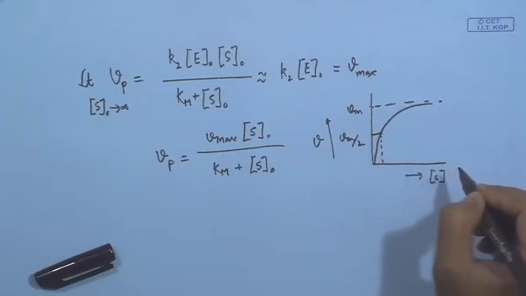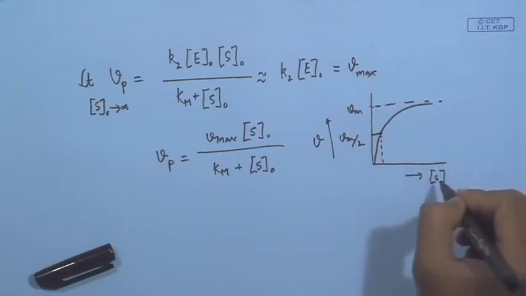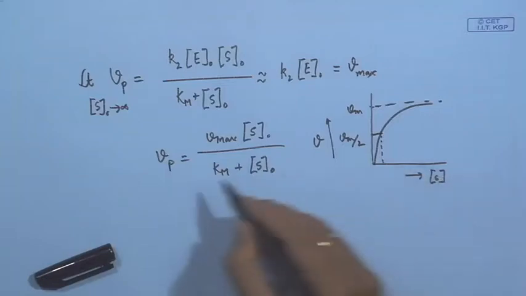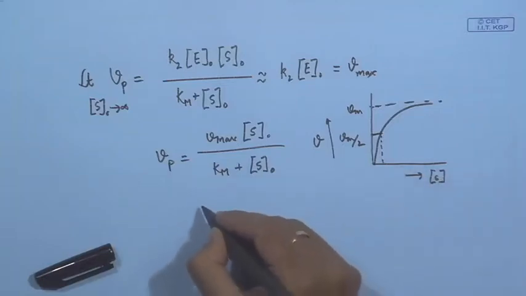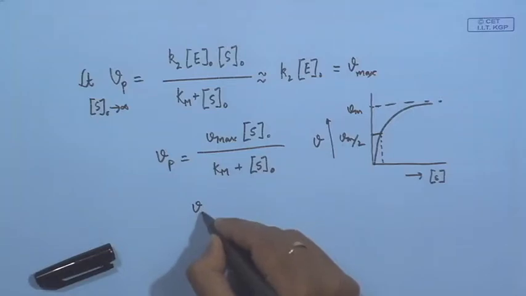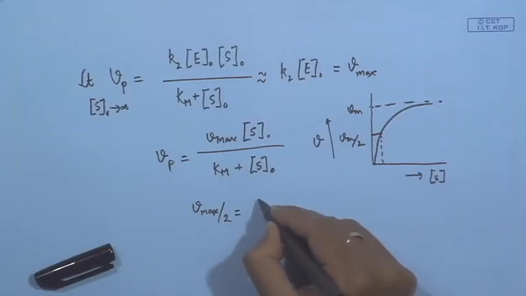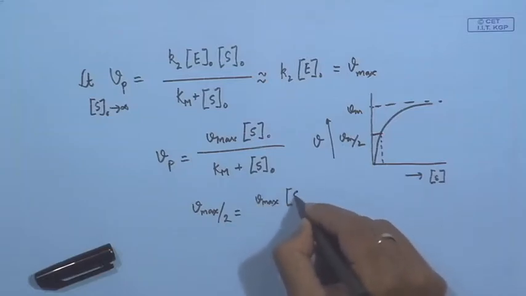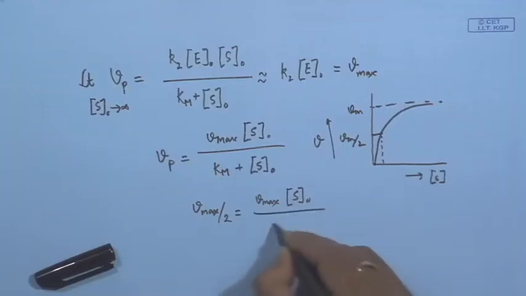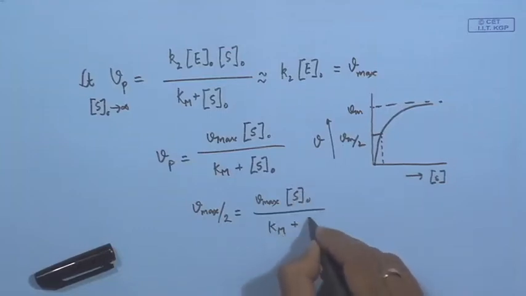So, if we put V equal to V max by 2, then what happens? Let us see. So, V max by 2 is equal to V max S0 divided by Km plus S0.